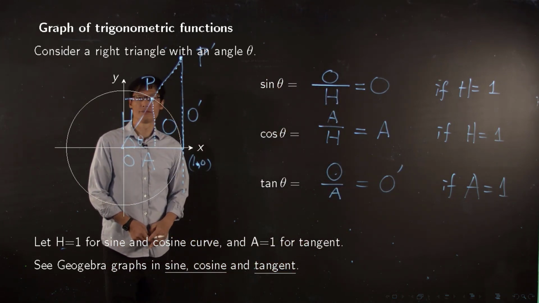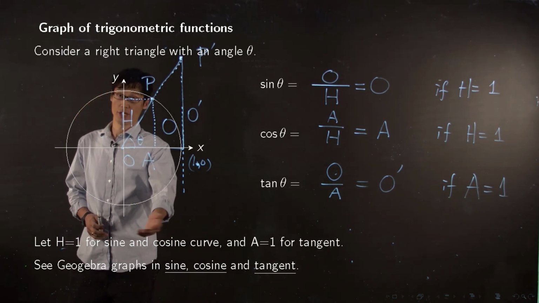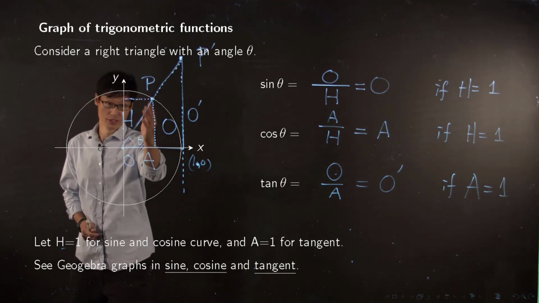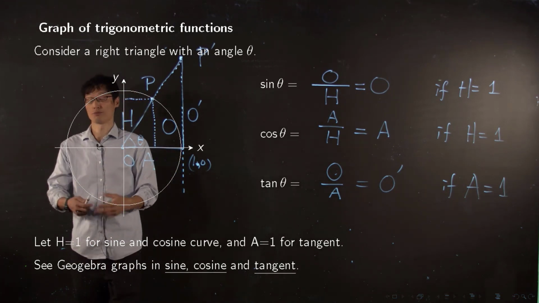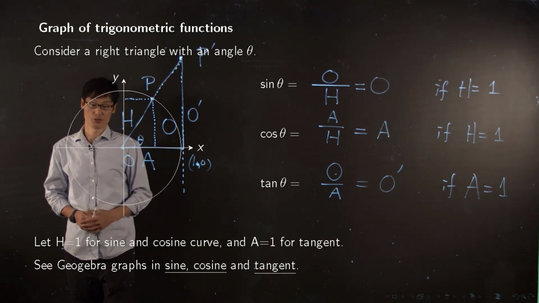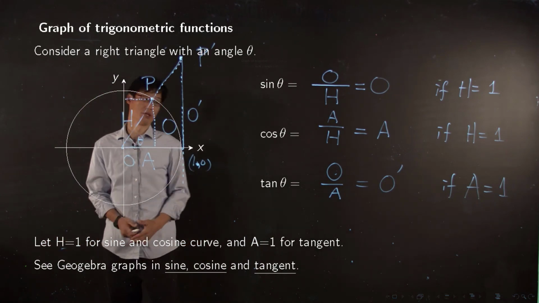Unfortunately, we are not going to spend much time on this slide, but you can use a GeoGebra example to see how this idea helps you plot the graphs of sine, cosine, and tangent. You can click sine, cosine, and tangent in the PDF note that we provide.